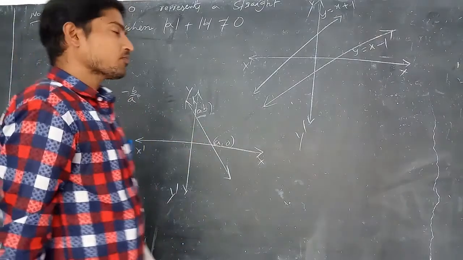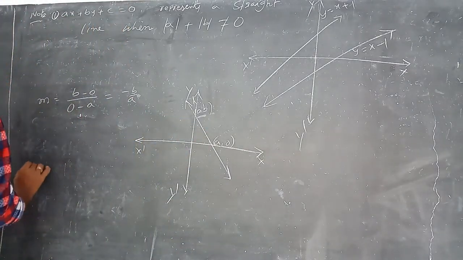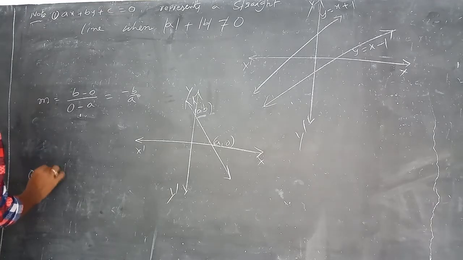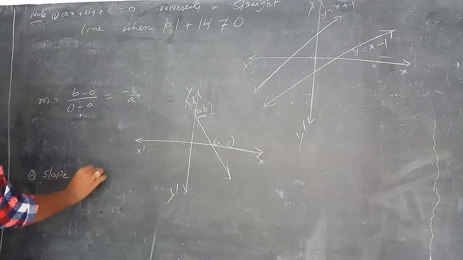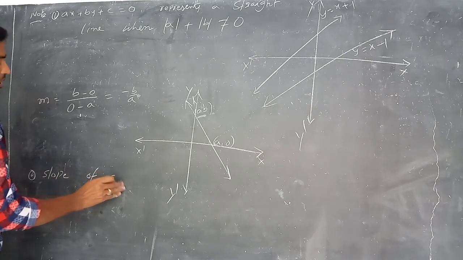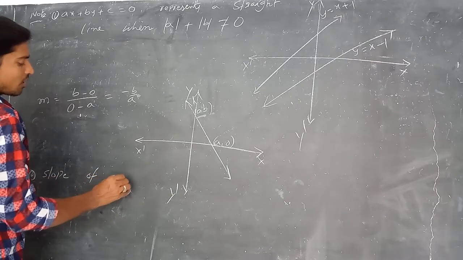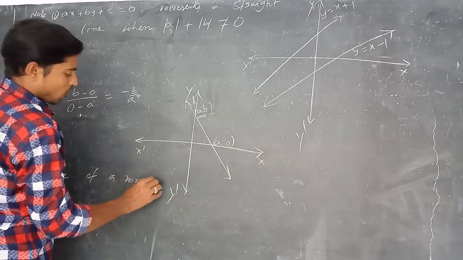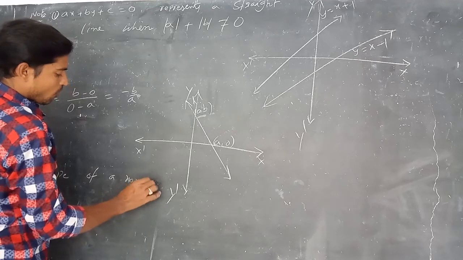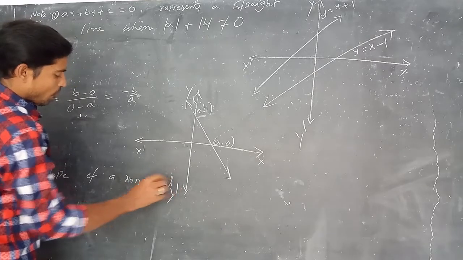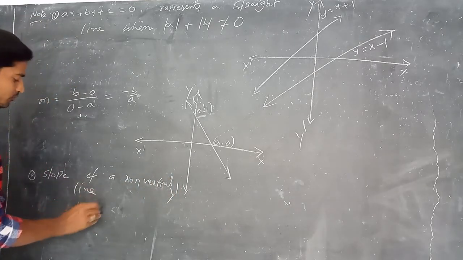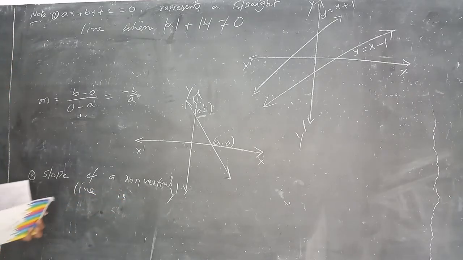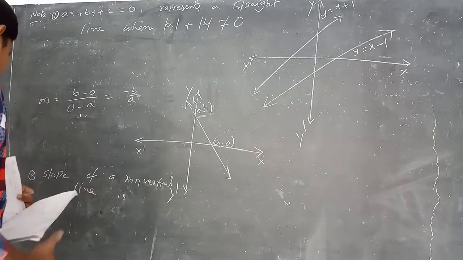Note the second point: slope of a non-vertical line.